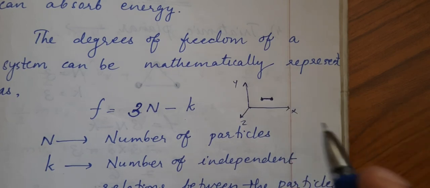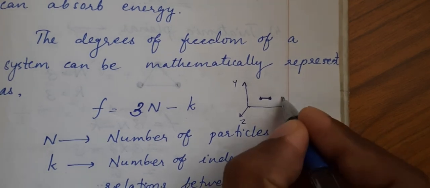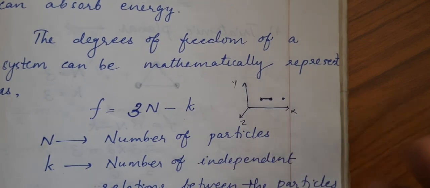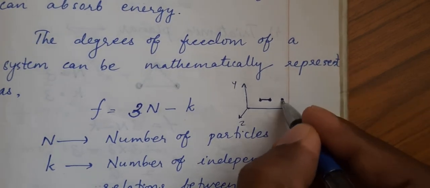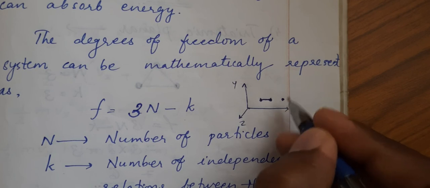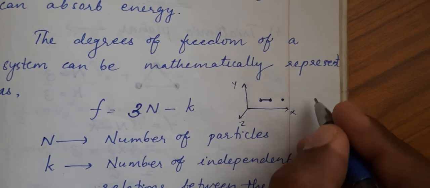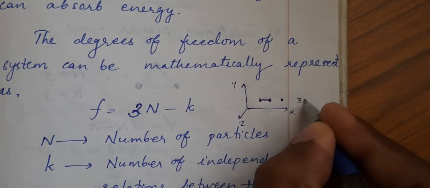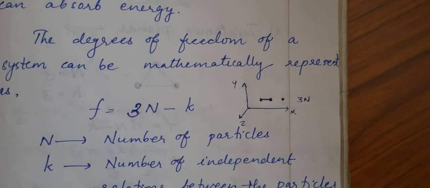So for example, if it is one molecule alone, without any constraints, it has three directions possible for its movement, which means if a system has n particles, it has 3n degrees of freedom.